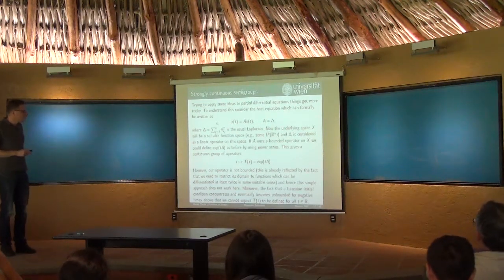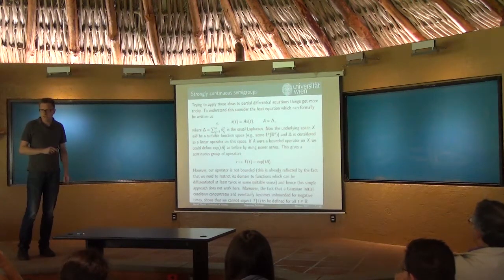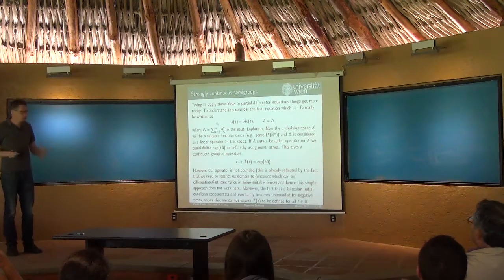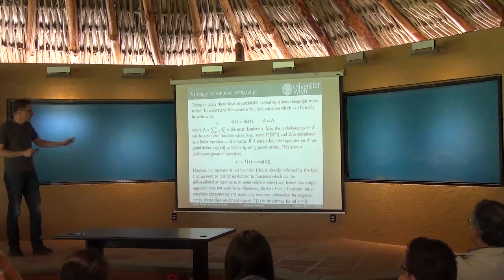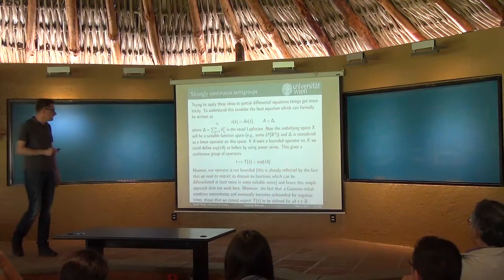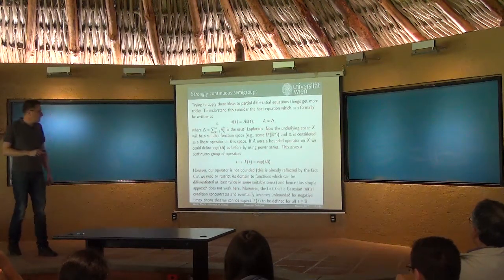Formally, it looks the same, but of course the big problem now is that the Laplace operator is unbounded, right? So it's not so clear how to define the exponential function, even though this can of course be done. But then you need to look at corresponding Banach or Hilbert spaces where you can define this properly, and things get much, much more complicated.